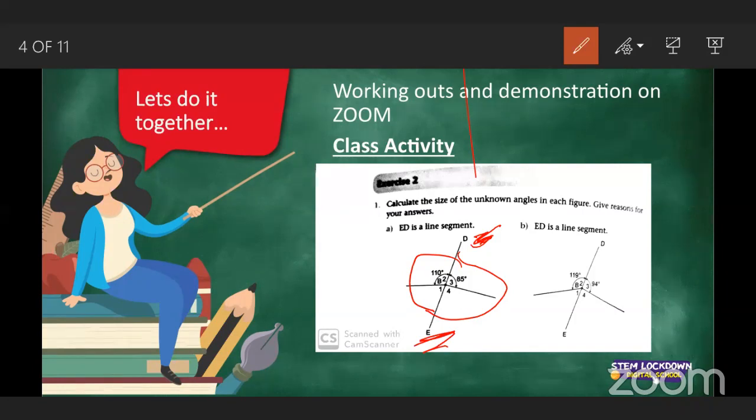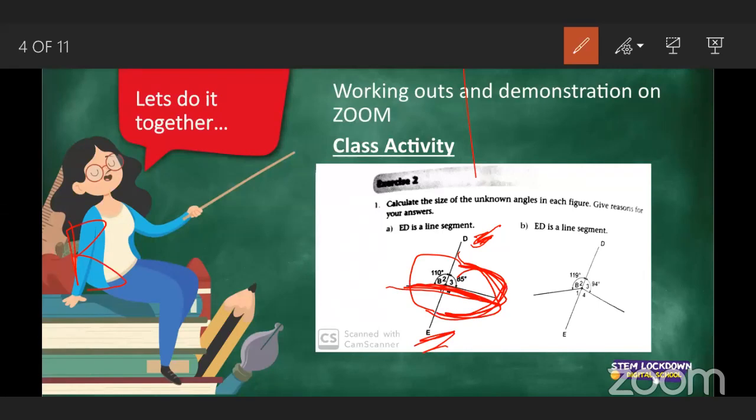Okay, so let's have our equation first now. I told you guys this side is 180 degrees, because this line here is not straight. The only straight line is D to E. So let's do our equation.